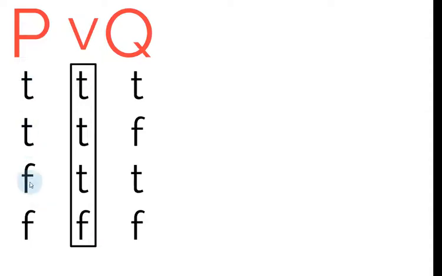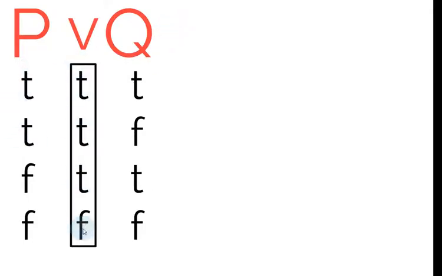We have the T's and the F's exactly the same over here. We use the same trick to represent all the different possibilities. You just go T, T, F, F, T, F, T, F. And that way you've represented all the different ways that P and Q can be true or false together. Just like the sides of a coin, it's the same sort of thing.